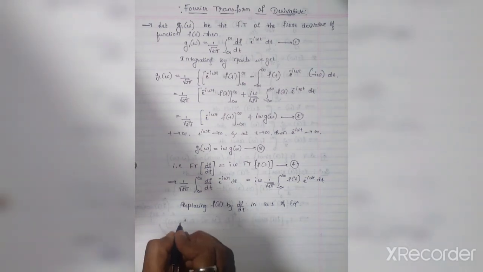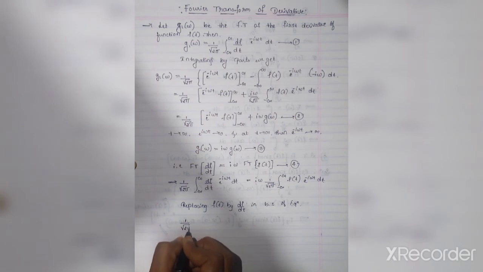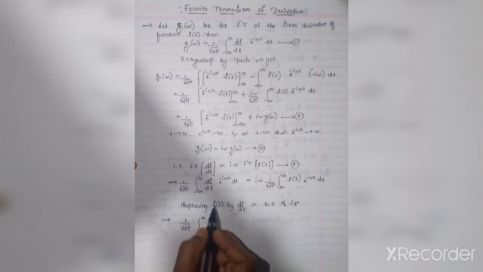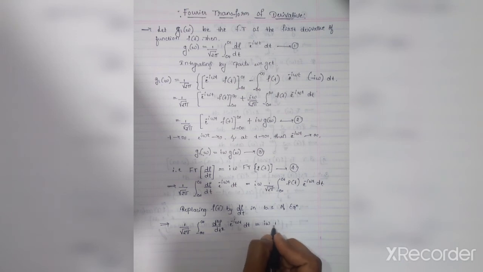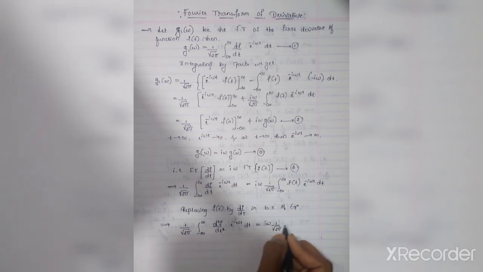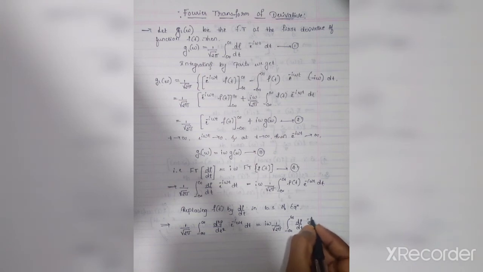So that becomes 1 by root 2 pi integration from minus infinity to plus infinity, where df by dt can be written as d2f by dt square, e raised to minus I omega t into dt. So here I omega 1 by root 2 pi integration from minus infinity to plus infinity df by dt e raised to minus I omega t into dt.